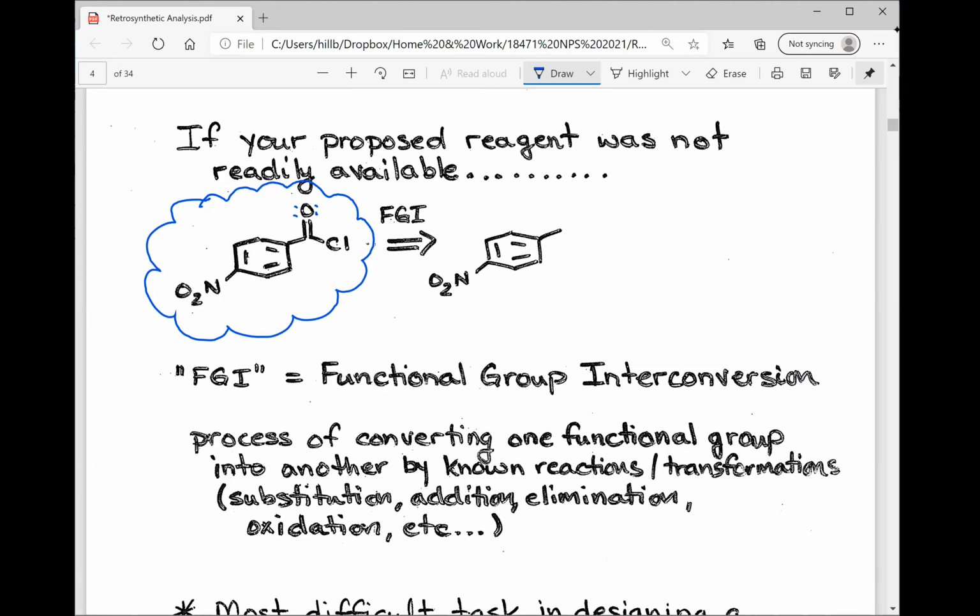So what chemists have done is say, well, we can make this acid chloride from this disubstituted aromatic. This acid chloride can be made from this benzylic carbon.